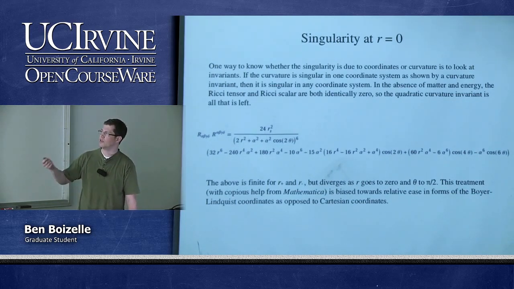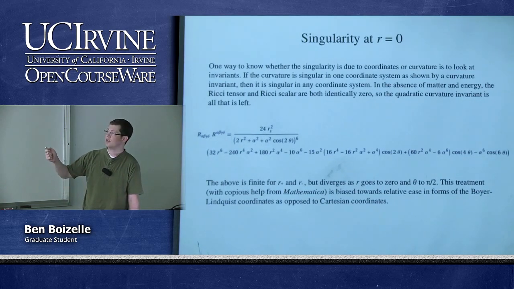The Ricci scalar and Ricci tensor are 0 throughout when you solve them, but the quadratic curvature invariant is not. And if it has a curvature singularity, then it will diverge. It will go to infinity at that singularity.